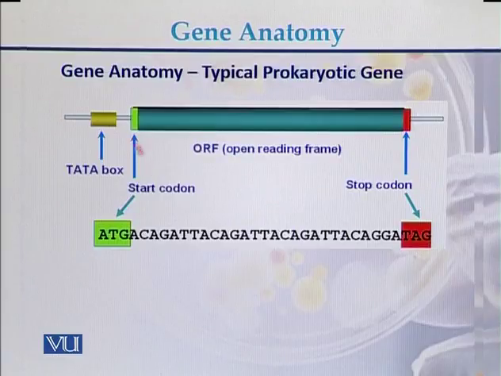In addition to the open reading frame, there is a region called the promoter region, where there is the TATA box. So this is the structure of a typical prokaryotic gene, with an open reading frame, a start codon, a stop codon, and promoter regions.